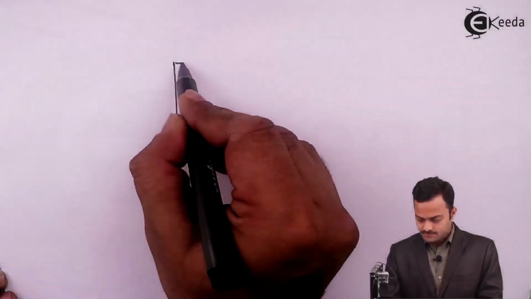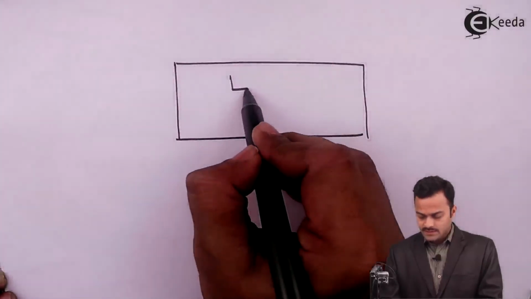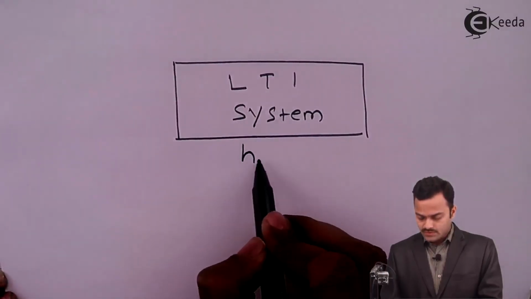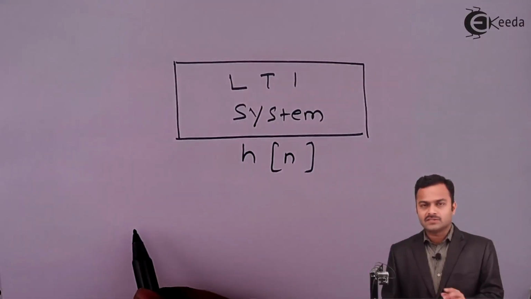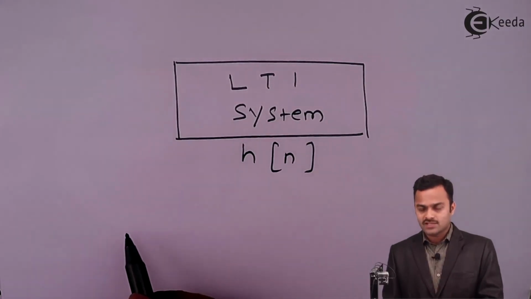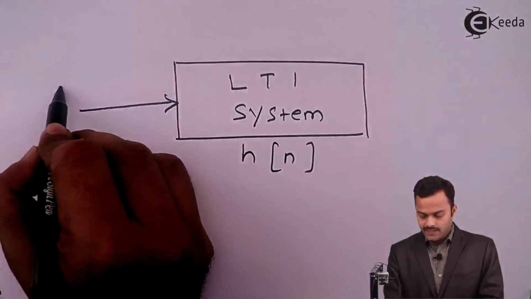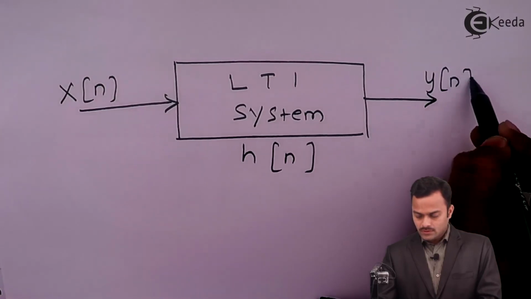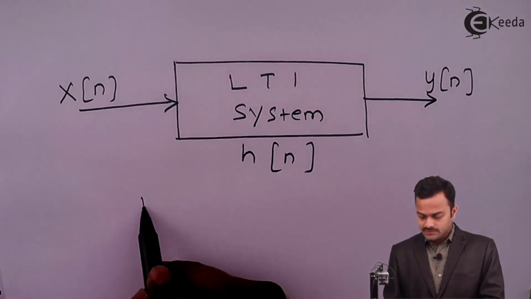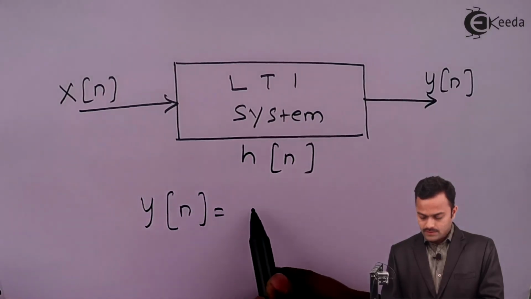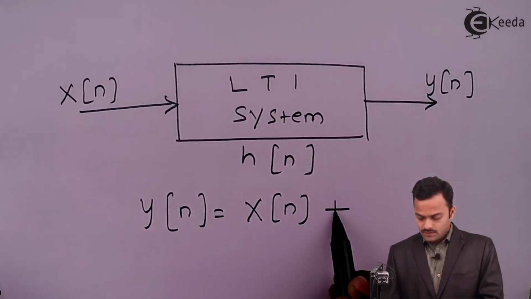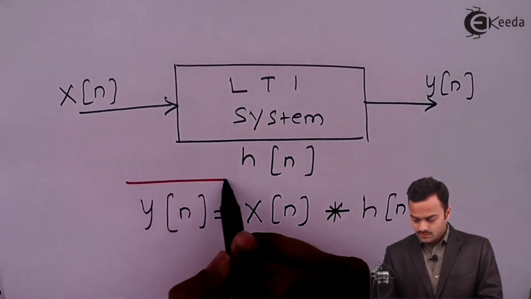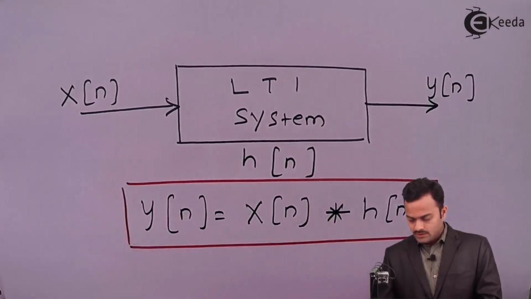Suppose in a system, yes, it is a linear time invariant system, I know the impulse response h of n of the system. Impulse response is nothing but the response given by the system for an impulse function. To the system you apply any input, you can get an output through a convolution, which is represented by y of n is x of n convolved with h of n. This is the symbol for convolution, and the formula we have already discussed.